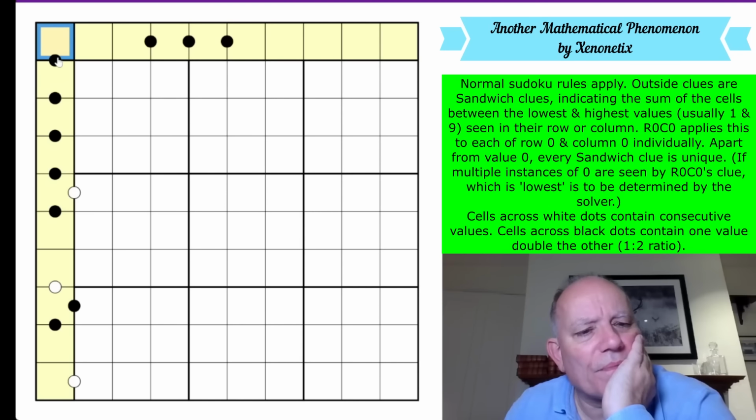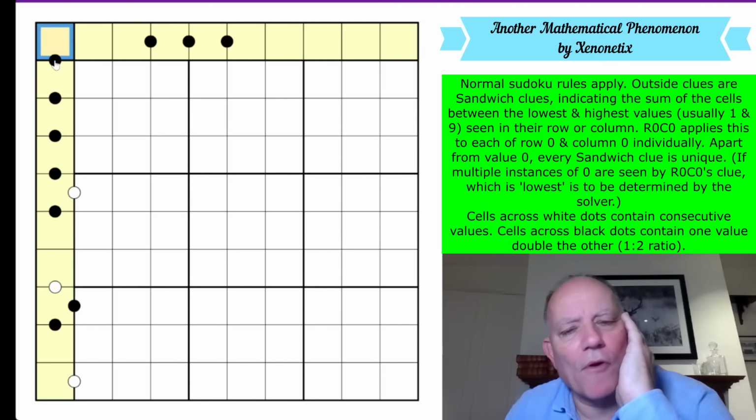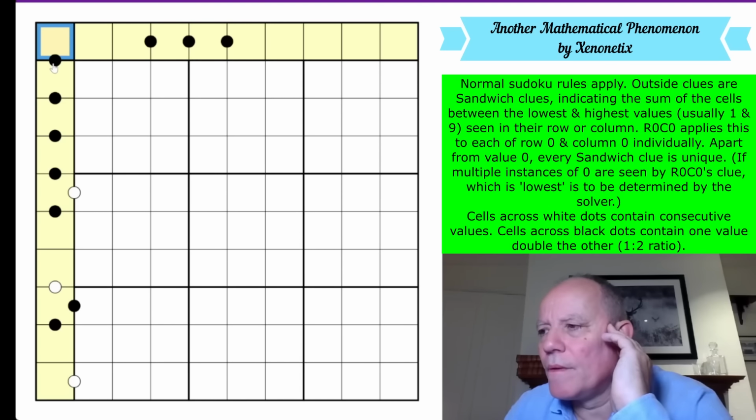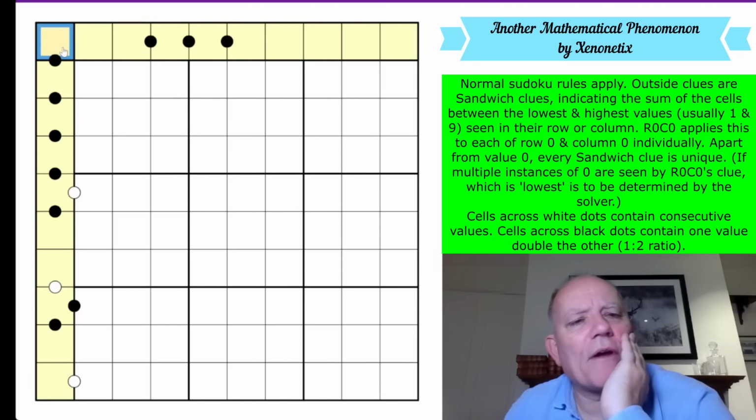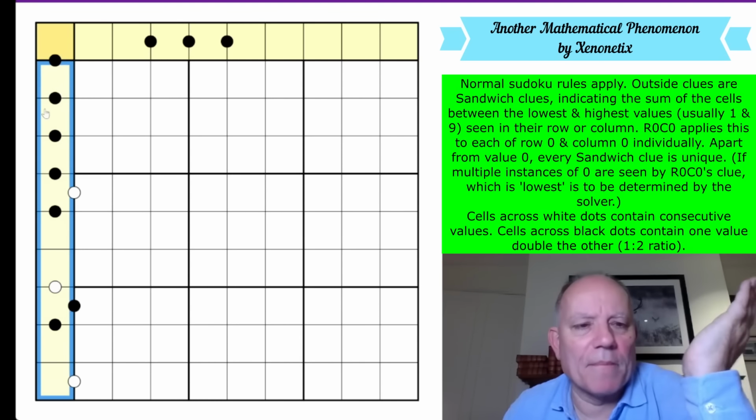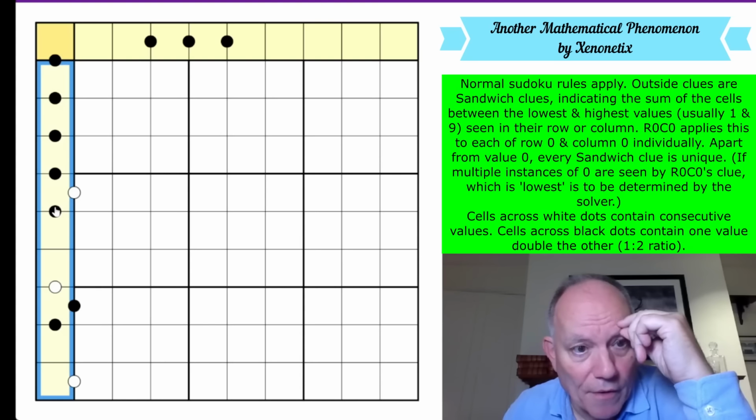Oh no, there must come a problem. If you have, yeah, 0 would have to be the difference in the column and row. 0 would have to be the difference between the highest number and the lowest number, which would be another 0.